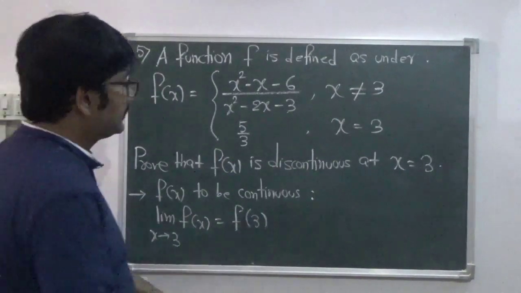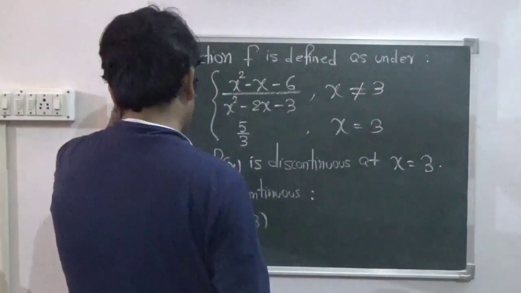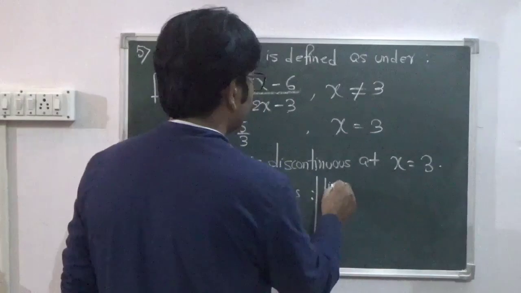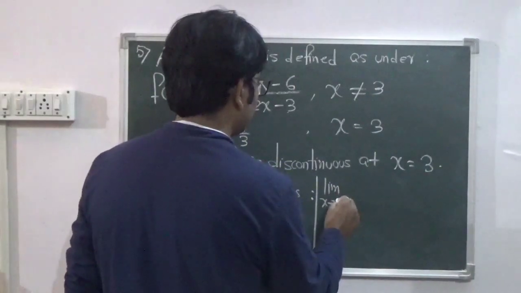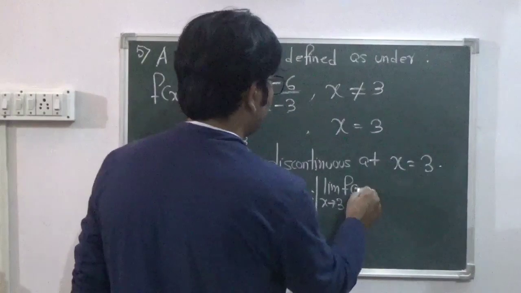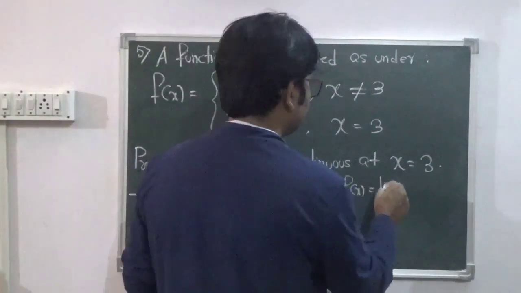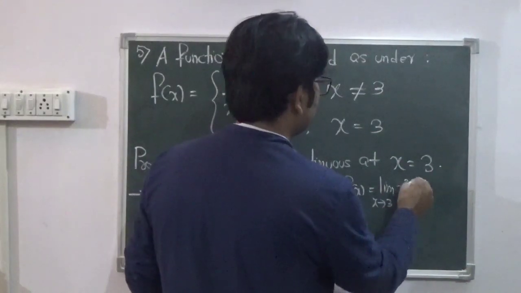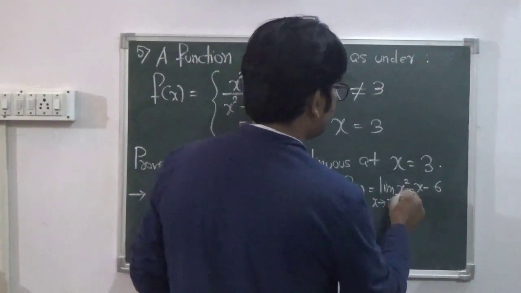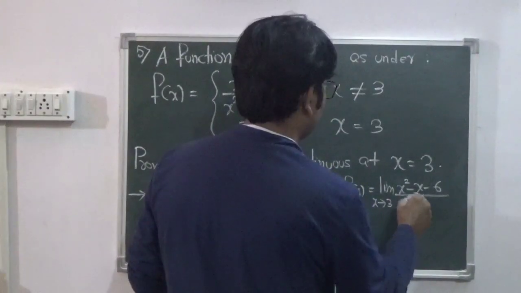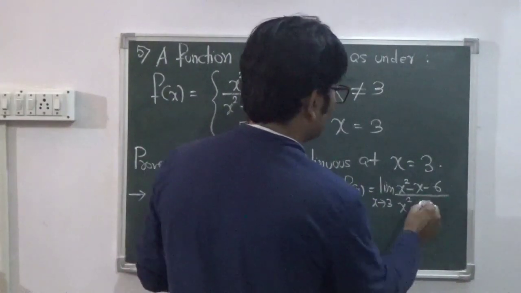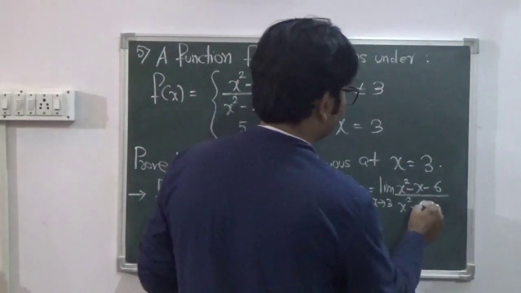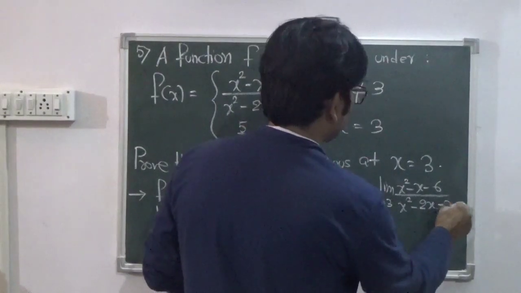So limit x tends to 3 of f(x) is equal to limit x tends to 3 of (x square minus x minus 6) by (x square minus 2x minus 3).